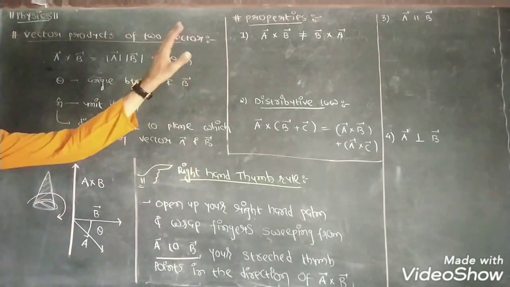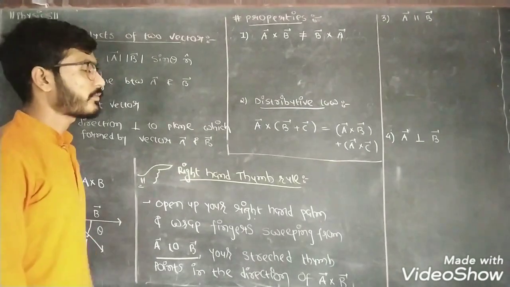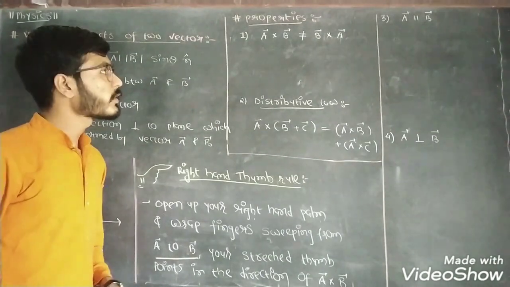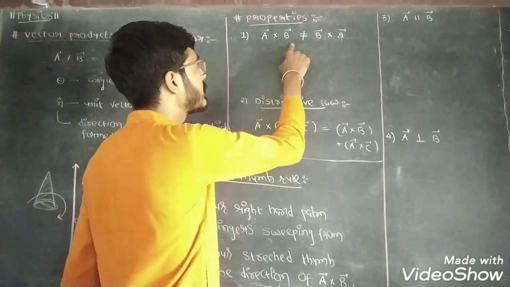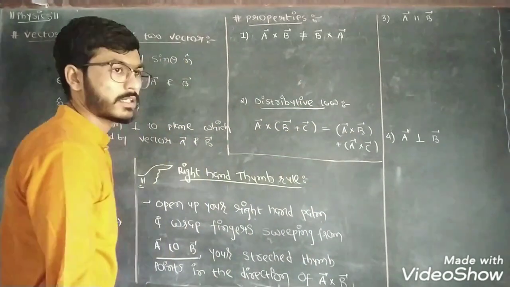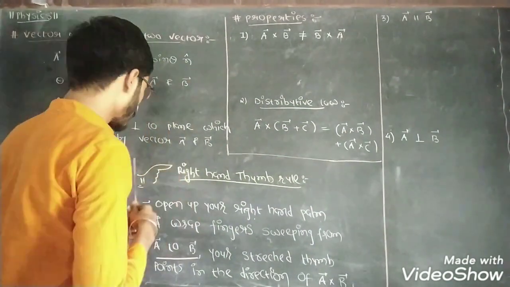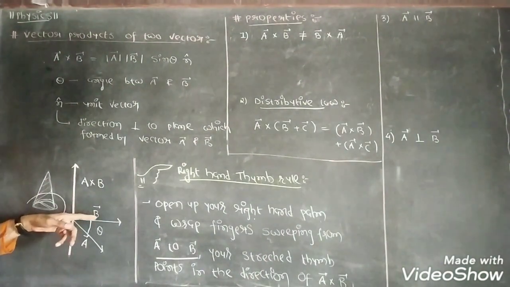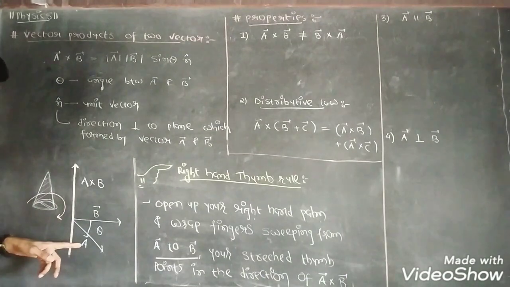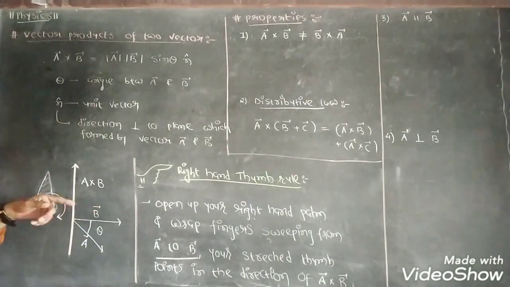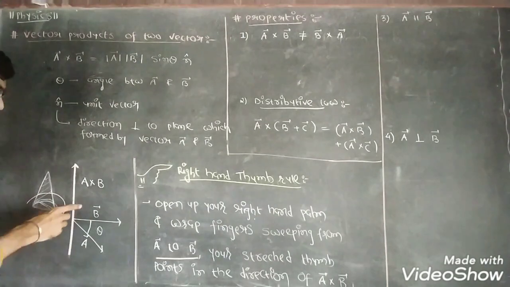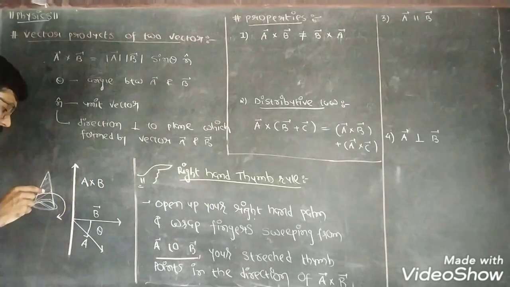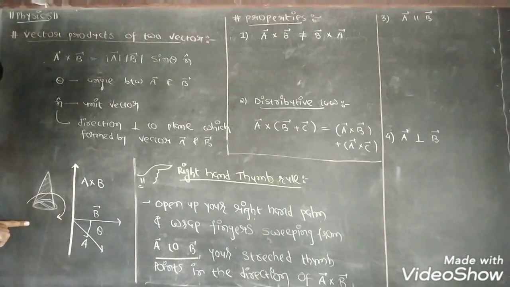Here are some properties of the vector product. First, the vector product does not obey the commutative law, which means A cross B is not equal to B cross A. If we multiply A into B, we have to do A cross B. We already discussed that the direction of the product is determined by applying the right hand thumb rule.